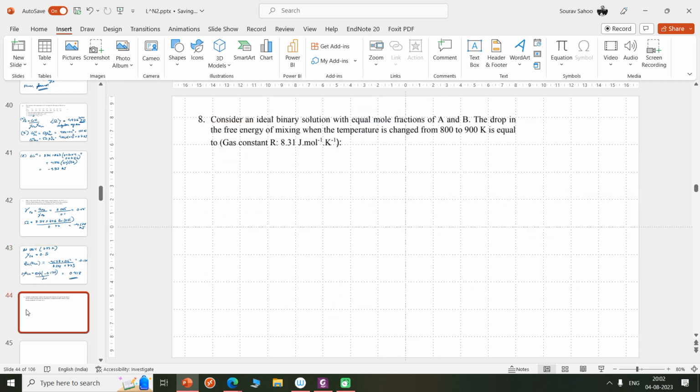So consider an ideal binary solution with equal mole fractions of A and B. The drop in the free energy of mixing has been asked to calculate when the temperature is changed from 800 Kelvin to 900 Kelvin. Okay. So the change in free energy of mixing is given by this.